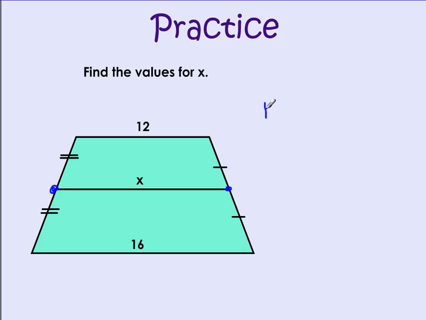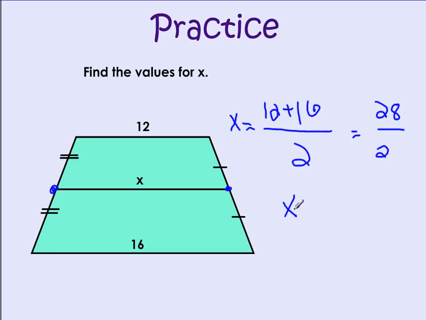So I'll find the sum of my bases, and then take half of that, or in other words, divide by 2. The sum of the bases is 28, and so our mid-segment length, which is x, is going to be equal to 14. And this is true any time you see a mid-segment of a trapezoid.